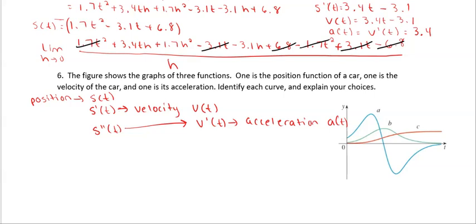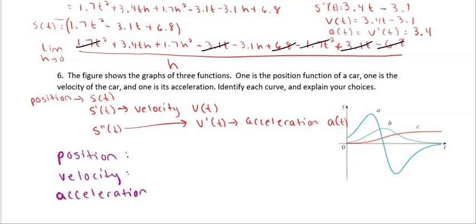So we need to figure out which one is which. We have a position graph, we have a velocity graph, and we have an acceleration graph.